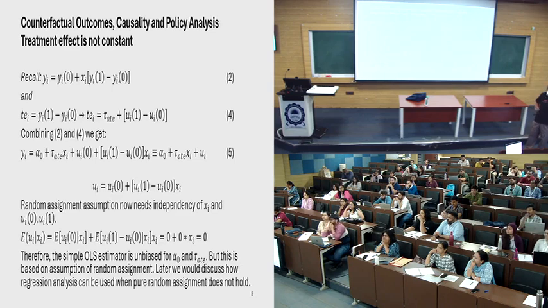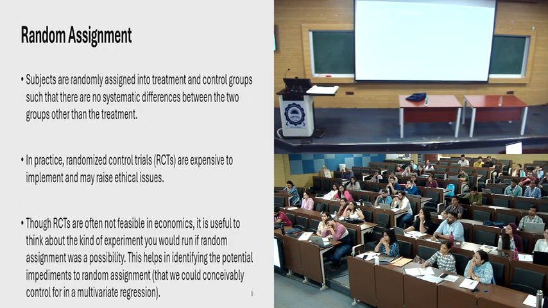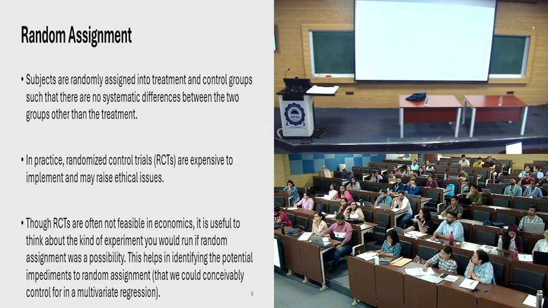Clear? Given this, what do I mean by random assignment? Yes. So even when the treatment effect is not constant, we can do that, but under the assumption of random assignment. So note what we have tried to do so far: how important is random assignment.